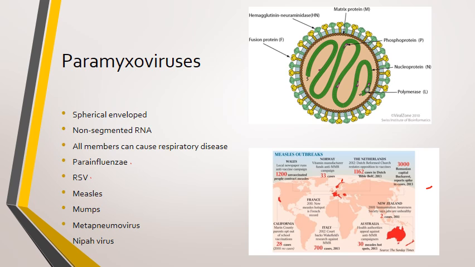Then the Nipah virus is another recently discovered virus. It's usually associated with respiratory disease in pigs, okay? However, it has developed the ability to move to humans, where it can cause an acute febrile encephalitis. So that's an unfortunate thing.